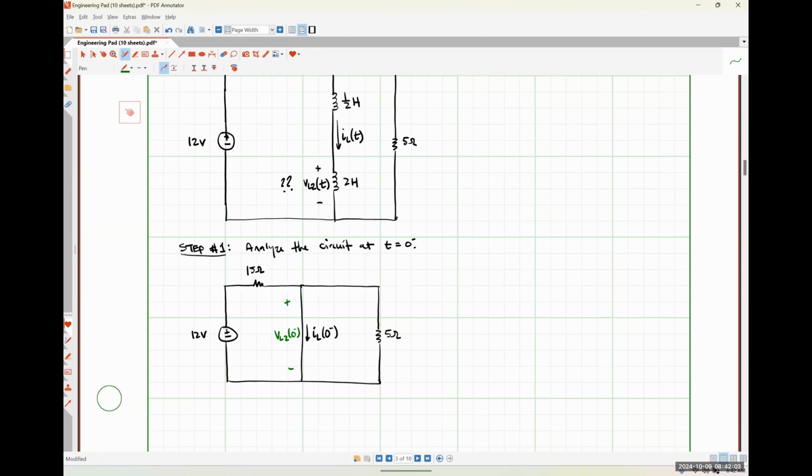Okay, so how could I analyze this circuit to determine IL at 0 minus? Do I though?